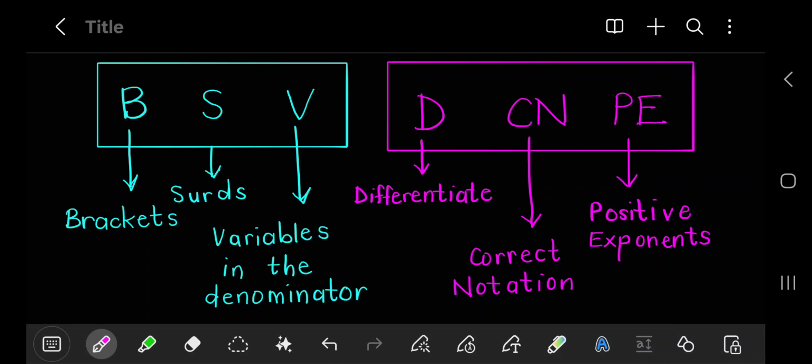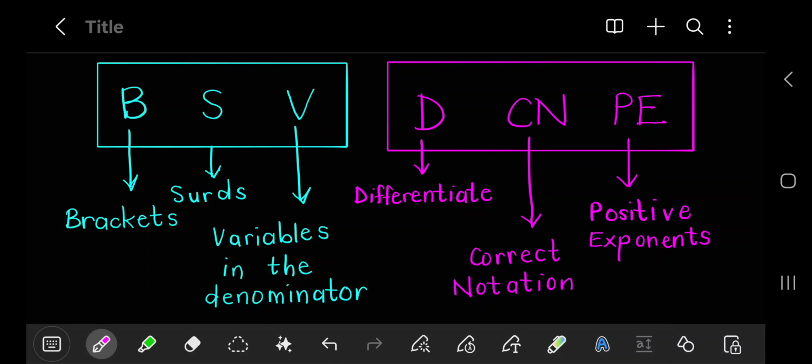Secondly, if there are surds, now you guys learned in grade 11 that surds can be written as exponents. So if we have surds, we convert them to exponents. Third, we check for variables that are in the denominator. Just like solving for x, we cannot solve if we have x in the denominator.